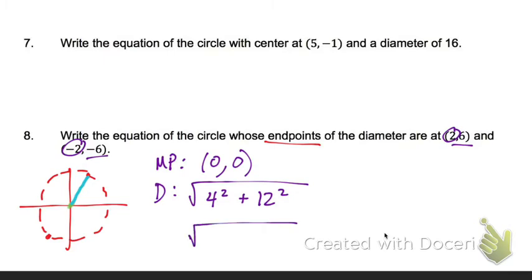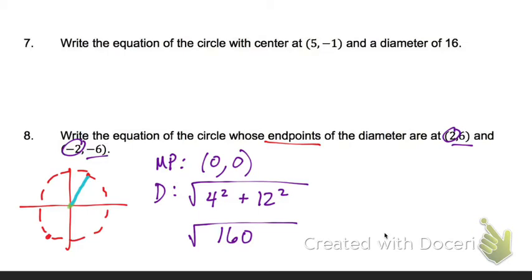And this, you'll probably need your calculator. So, Joel, will you tell me what you get when you do that? 160. From here, I want to simplify. So what can I take out? 16.